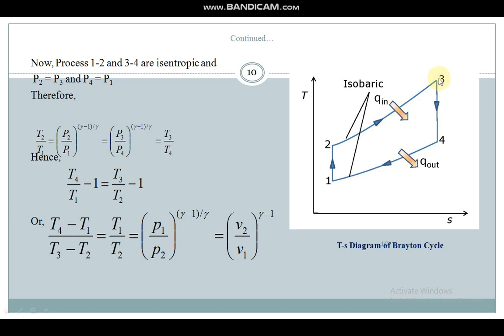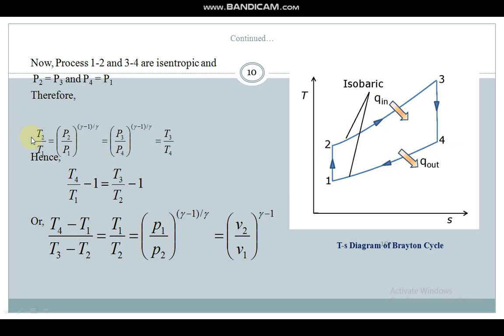This is equal to T3 by T4, as between 3 to 4 isentropic process T3 by T4 equals P3 by P4 whole to the power gamma minus 1 by gamma. Thus we obtain T2 by T1 equals T3 by T4.